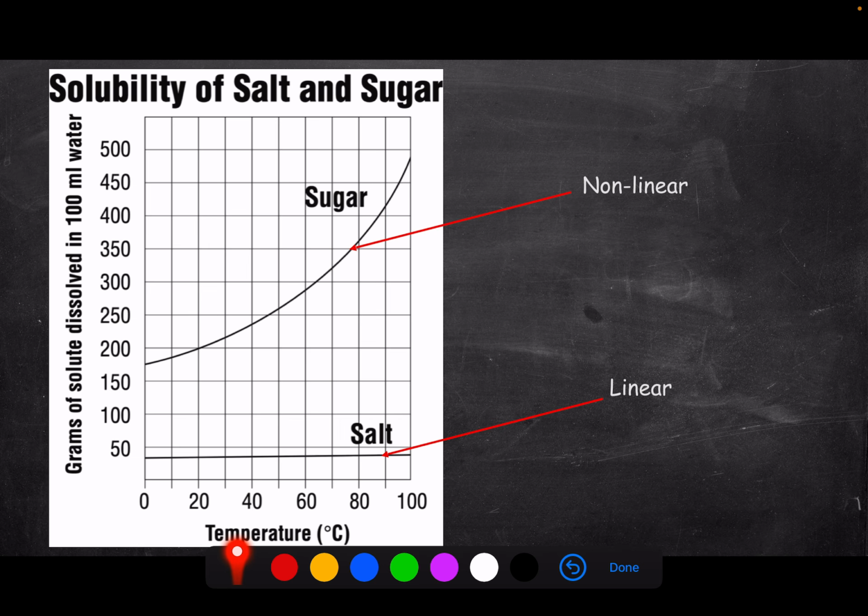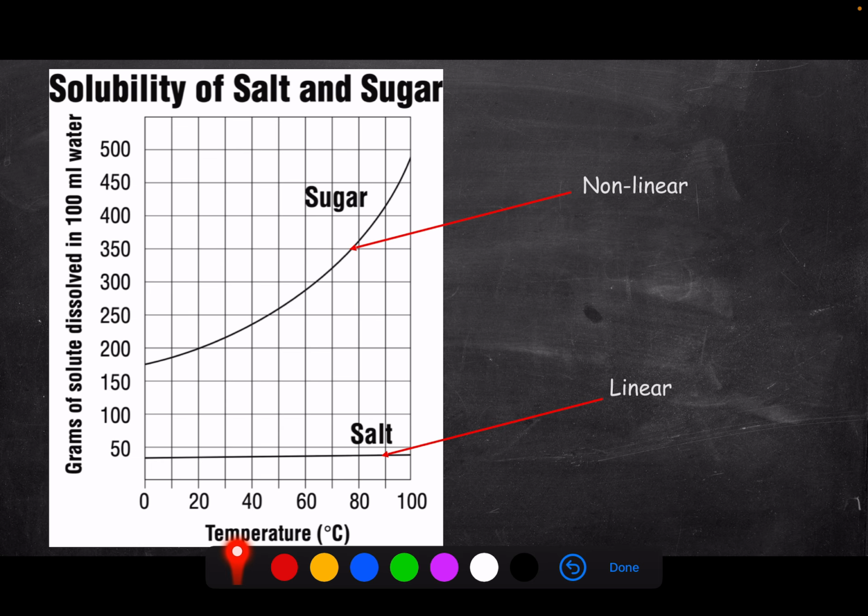So that means that the change between the x values, the independent variable, and the dependent variable is not a constant change. What happens here is that the y values are increasing much faster than the x value is increasing, creating this sort of upturn of the line.